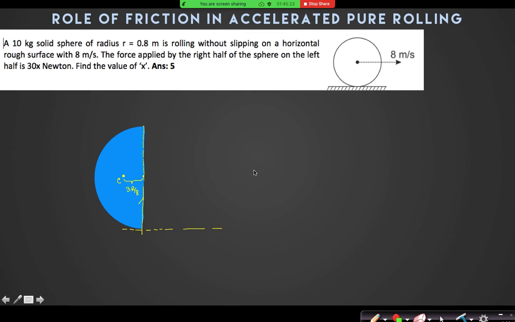There may be a normal reaction, and weight, which is mg by 2, passing through the center. And suppose the right half is giving it a force in this direction.